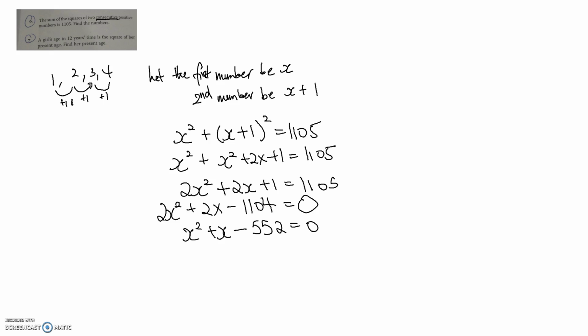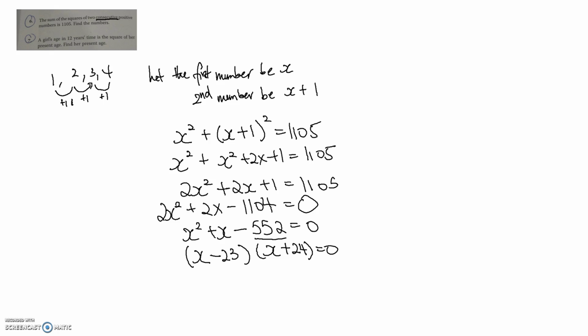We need to break down this number because we want to factorize. Those of you who have problems factorizing need to revise factorizing. I'm going to give you the answer: x minus 23 and x plus 24 equals 0.